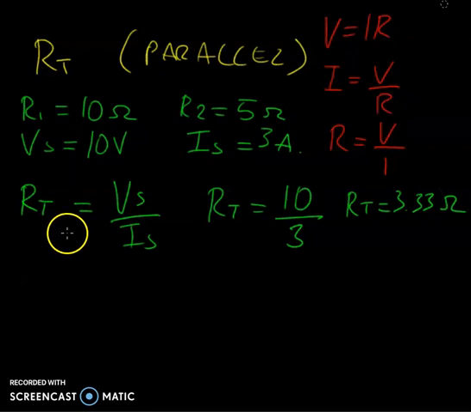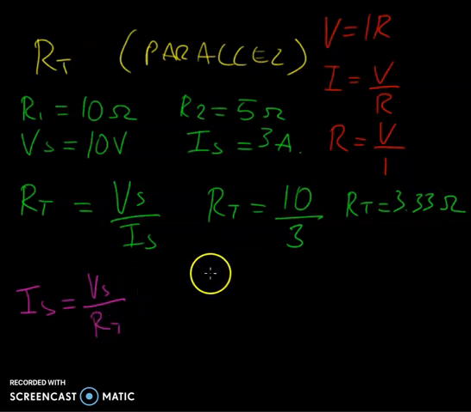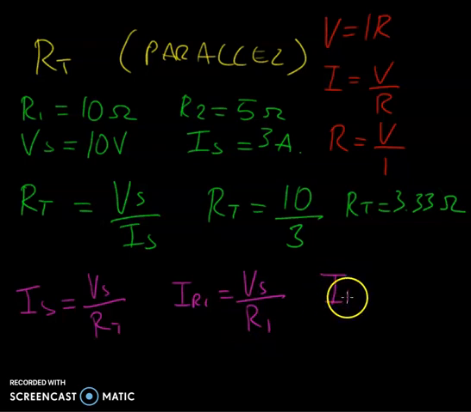To do this, we need to go back to the formulas which gave us our current. So we've got a couple of formulas that describe the current of the circuit. First of all, we have IS itself, which is equal to VS over RT. We have IR1, the current through the top branch of the circuit, which is equal to VS again over R1. And we've got IR2, the current through the bottom branch, which is equal to VS over R2.